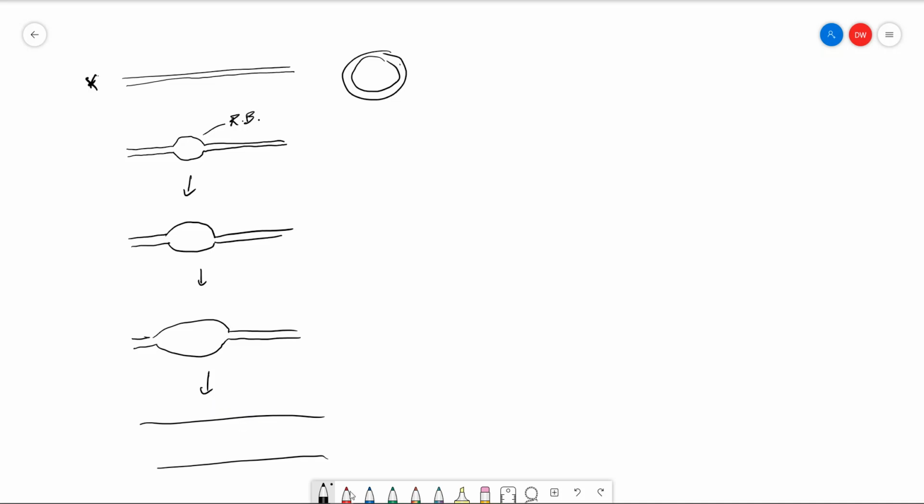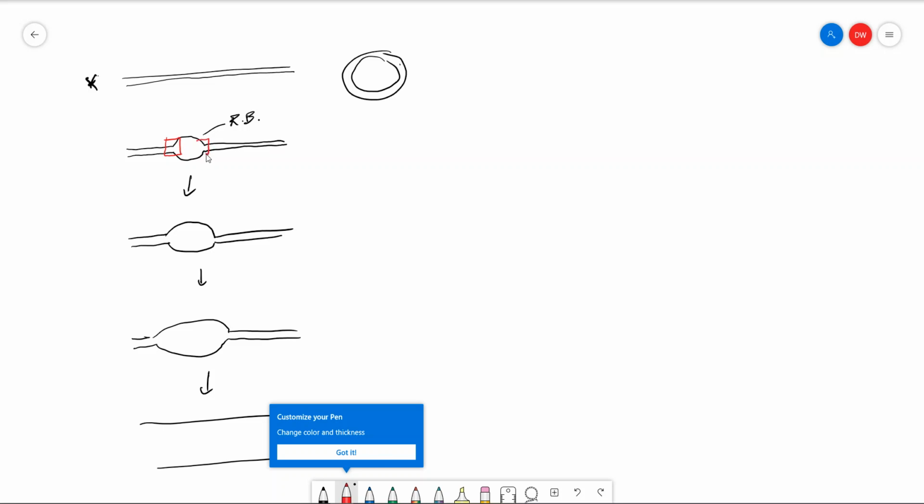Now, the video that I have posted, the external video, only looks at half of the bubble. So let me clarify what I mean by this. If you take a look at this replication bubble, you'll notice that there is this region over here, which we would call a replication fork. And this is essentially what's being shown in that external video that I have posted. However, it's important to note that there is another replication fork on the other side of the bubble.